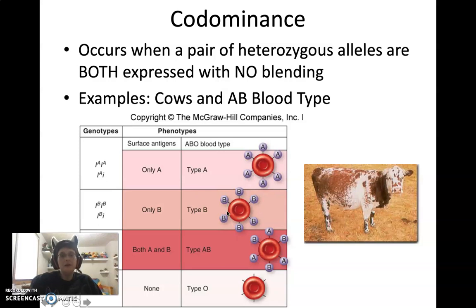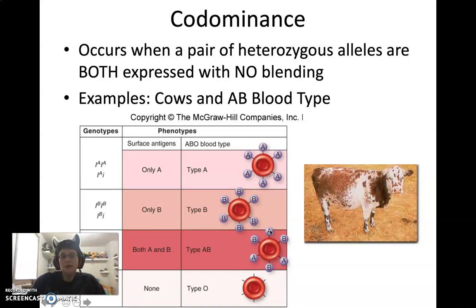With B-type blood, you get B flags. If you have homozygous A, or if you are heterozygous, meaning that you have A and then O, that's what the little i is, then you're going to get A flags. Same for B. We've got homozygous B, and heterozygous, B and an O.